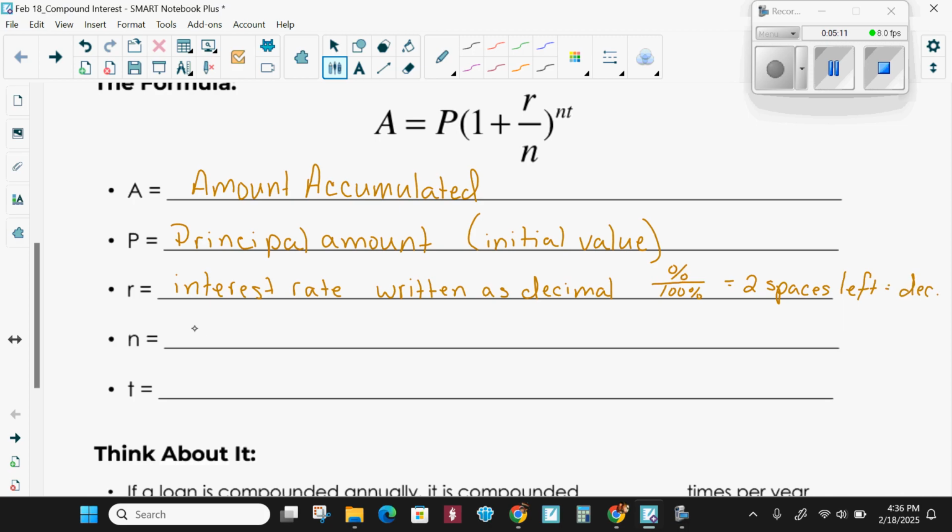Okay, n stands for the number of compoundings per year. So in other words, how many times do we put the interest in during the full year that you have your rate? Okay, and then t is the number of years.